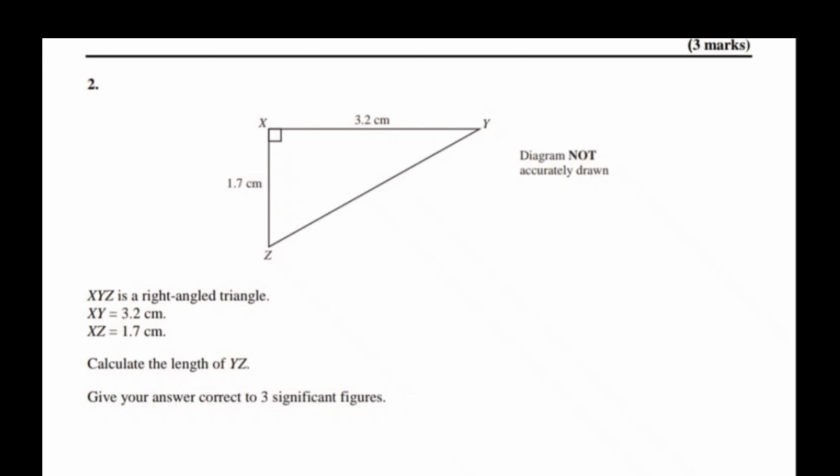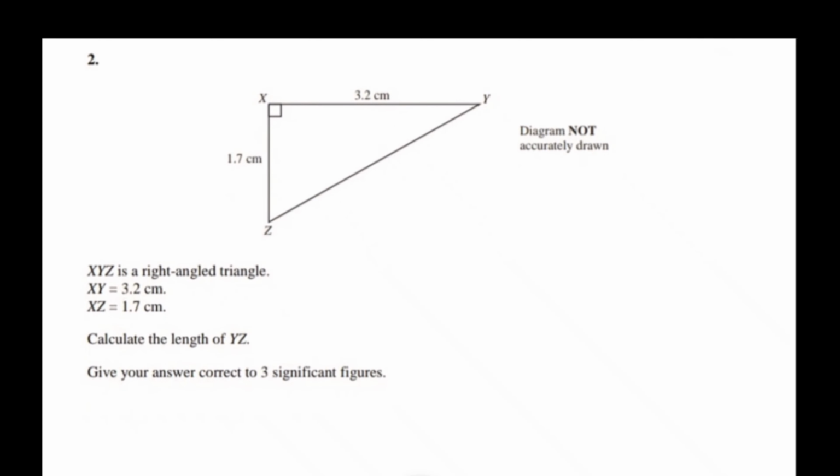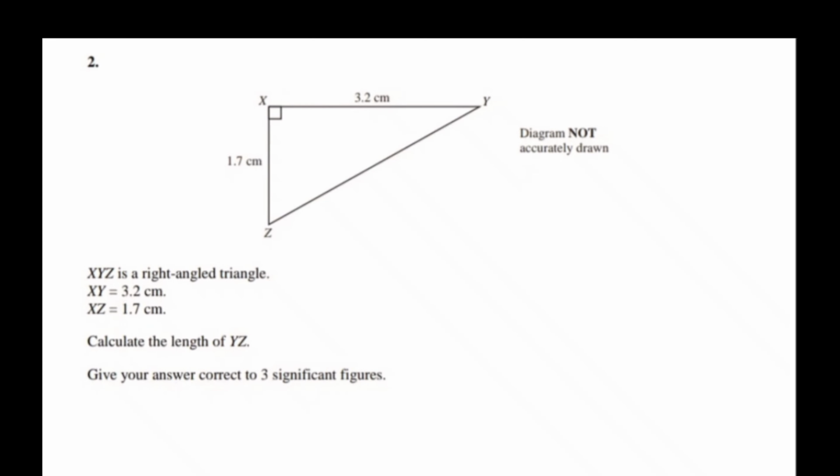Let's move on to the next example. This time we have a right-angled triangle with the values given of the two short sides. This time we have to calculate the length of the long side, the hypotenuse, which in this case is YZ. Again, we write Pythagoras' theorem in terms of the numerals given.